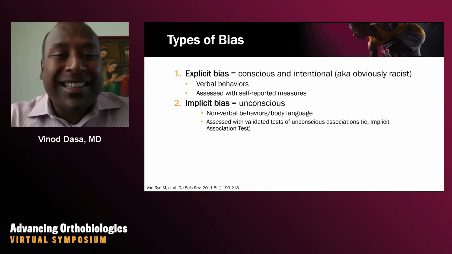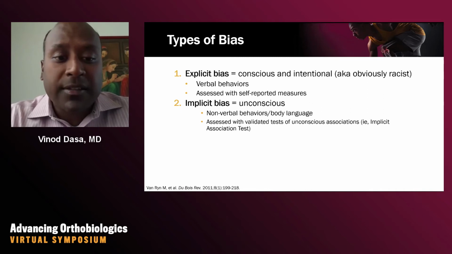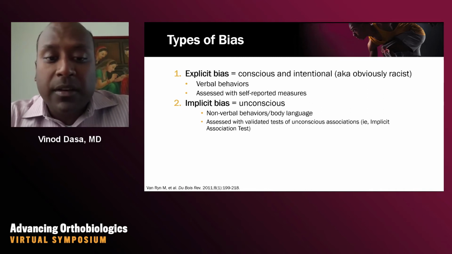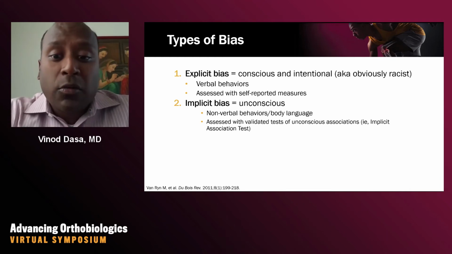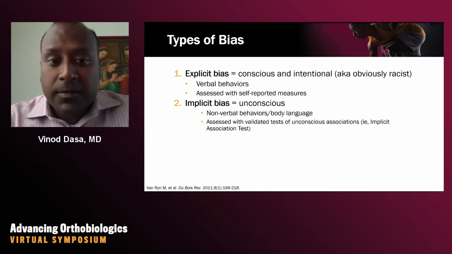But really the more insidious type of bias is this implicit bias or unconscious bias, nonverbal behaviors, body language, and this has been assessed and validated with tests of physicians and all other professionals. And it's something that potentially providers and physicians can do a better job of monitoring themselves.